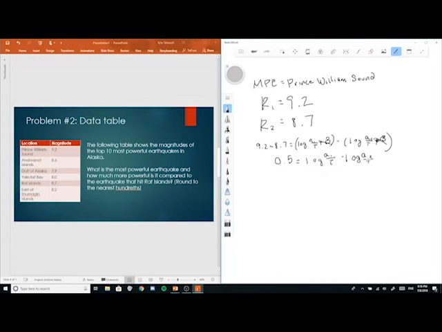From there, we can use the quotient rule to make it one equation.